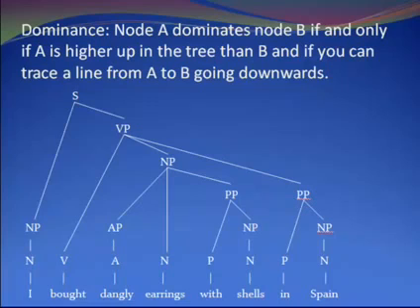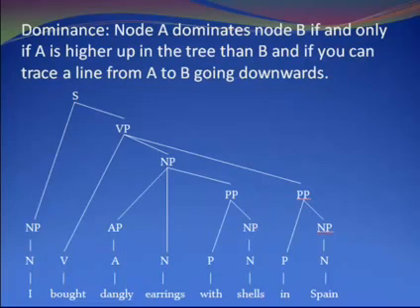Yes, it does, because if you apply the definition, the PP is higher up in the tree than P, NP and N, and you can trace a line from the PP to P going downwards, from the PP to NP going downwards, and from the PP to the N going downwards. So the PP node, the prepositional phrase node in Spain, dominates all three nodes P, NP and N.